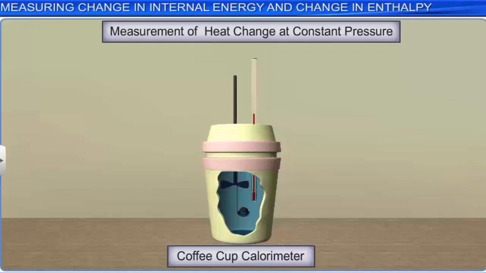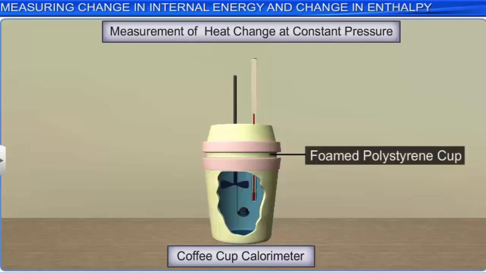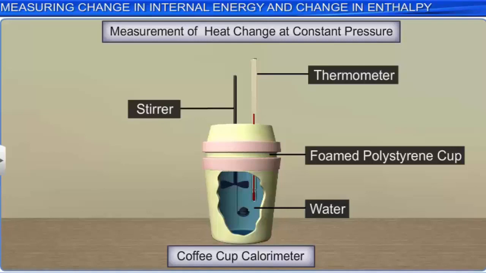This calorimeter is a formed polystyrene cup partially filled with a known volume of water and fitted with a stirrer and a thermometer inserted through the lid of the cup. When a reaction occurs in the coffee cup calorimeter, the heat change is measured in terms of the change in the temperature of the system.